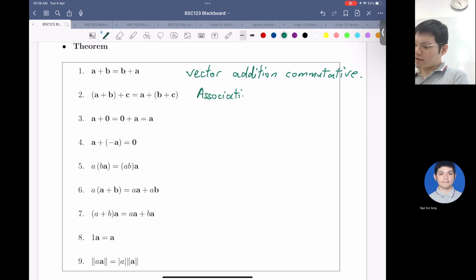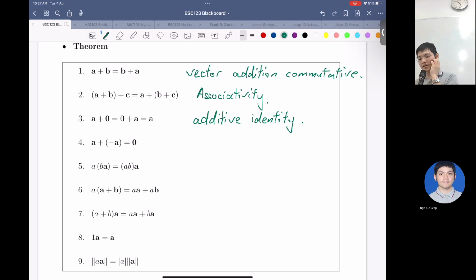If you want to add three numbers together, how? I only told you how to add two. So you add the first two first and then add the last one, or you add the last two first and then add the first one. Three is the additive identity. Anything that you add to a vector and get back the same vector is the zero vector, the additive identity.